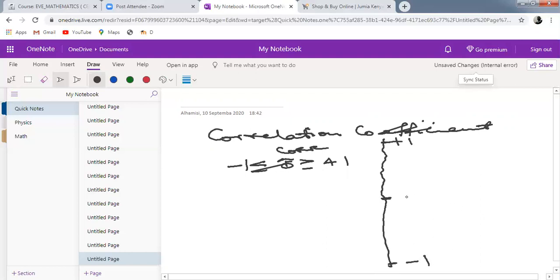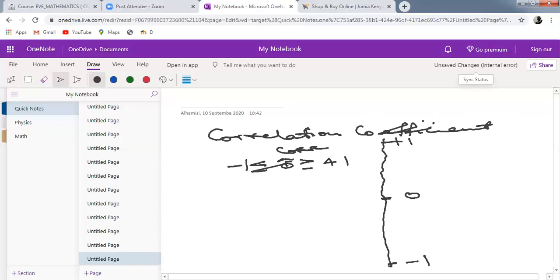In between the two, we have zero correlation. So here we are having from +1 to -1, and we have talked about the nature of correlation, and we have said correlation can either be positive or negative. So correlation can go to positive up to +1, and it can go to negative up to -1.